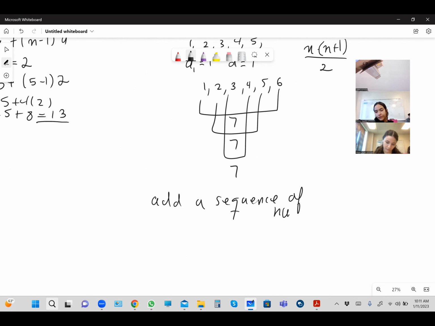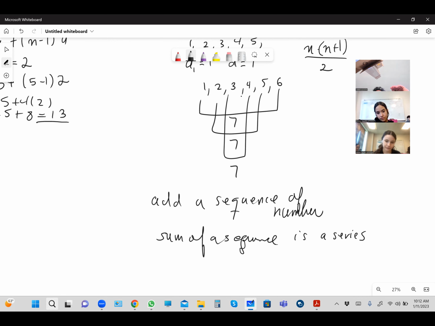Now, when you add up a sequence of numbers, we call that a series. The sum of a sequence is a series. Since there's a way to use a formula to figure out each new term, we want to figure out if there's a way to get a formula for the sum of a sequence, because we might be interested in that.